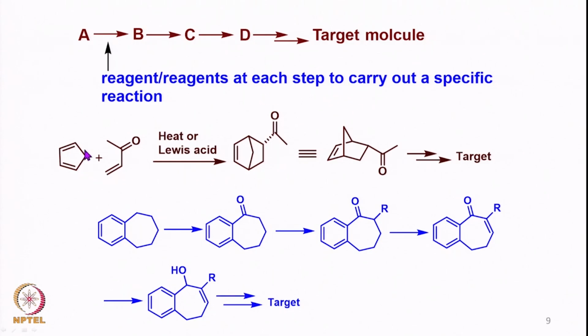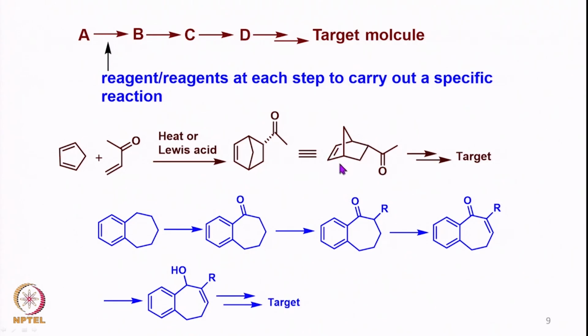Say for example, if we start with cyclopentadiene and react with an alpha beta unsaturated ketone like methyl vinyl ketone, then either with the help of heat or a Lewis acid we can carry out this Diels-Alder reaction to form this bicyclic molecule, which can be written like this.